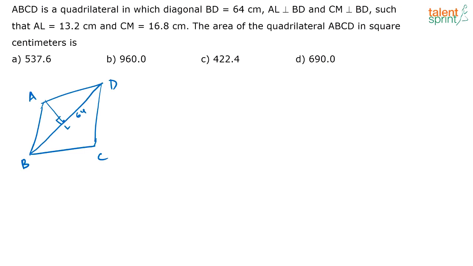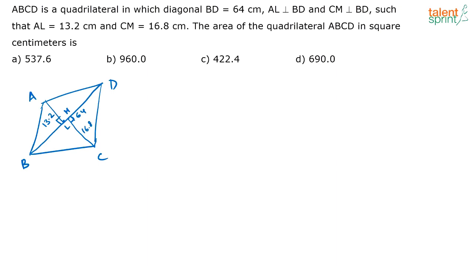AL is perpendicular to BD and CM is again perpendicular to BD. So you are drawing another perpendicular from here. Let's say this point is M. Now they have given the length of AL as 13.2 and this is given as 16.8. Now you have to find the area of this quadrilateral.